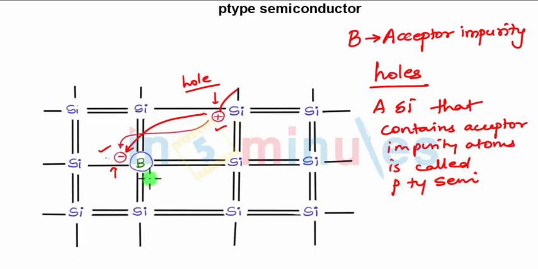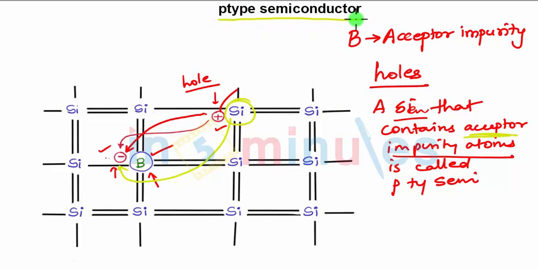Boron, for example, is an acceptor impurity because it is accepting the electron of this silicon atom, that is, the electron moves from this point to this point. It is accepting the electron, hence this type of semiconductor gives us a p-type semiconductor.